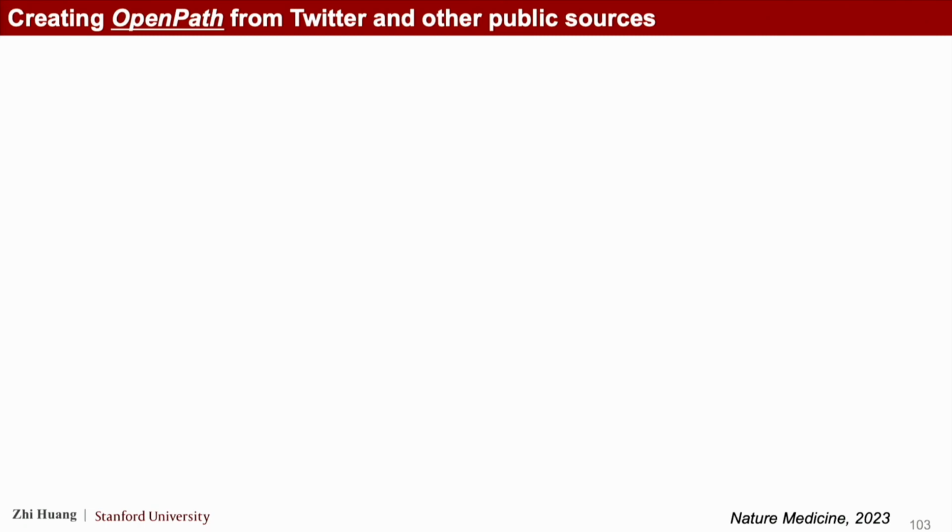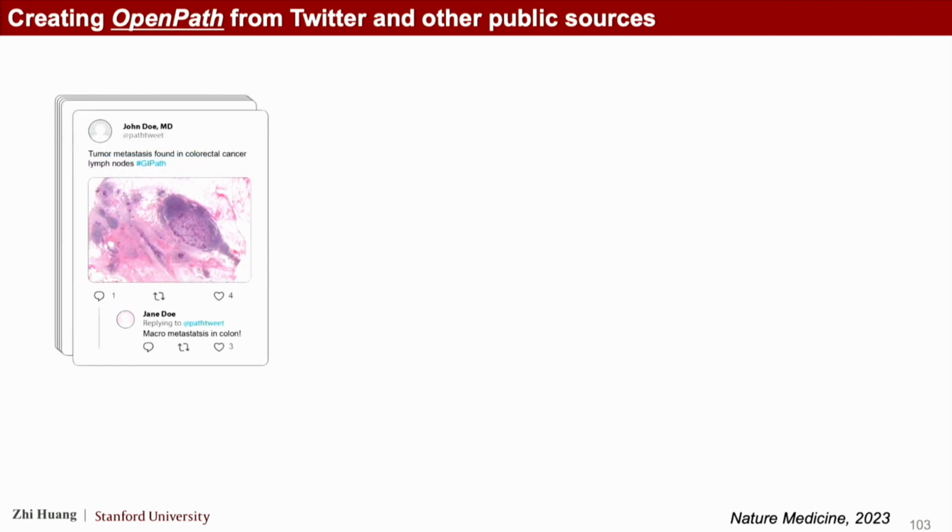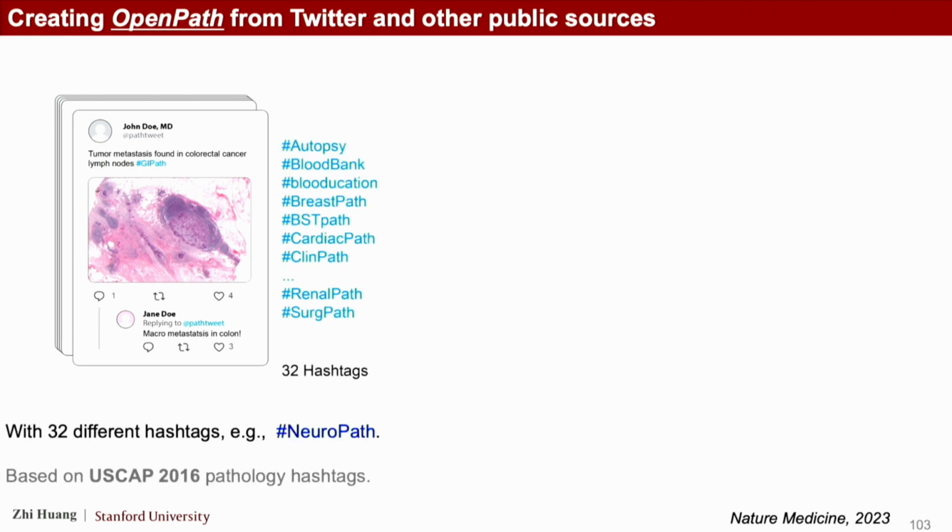So in this study, we created OpenPath from Twitter and other public sources by leveraging US CAP suggested 32 different pathology hashtags. We followed stringent cohort inclusion and exclusion criteria by removing text not written in English and so forth. In addition, we also added the reply with the most likes.